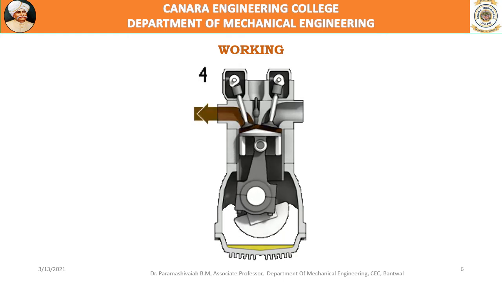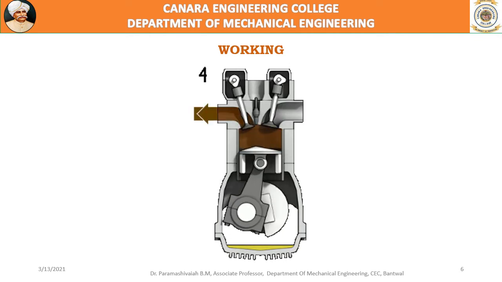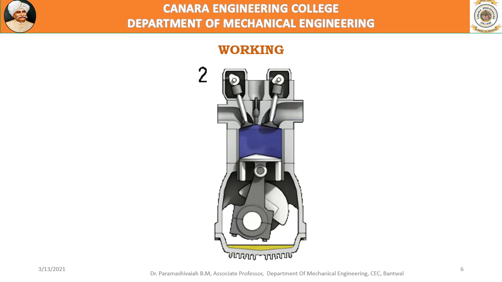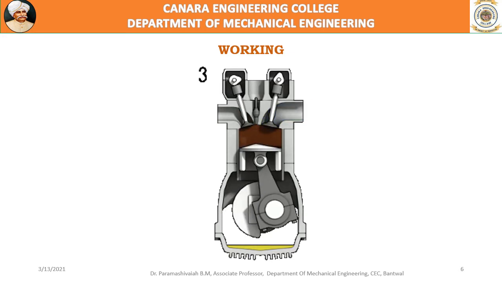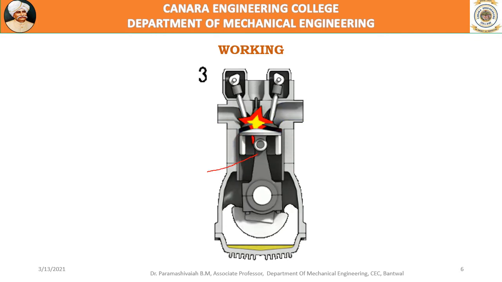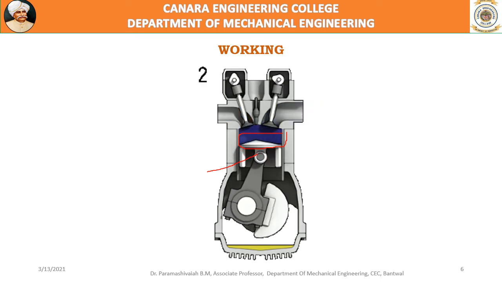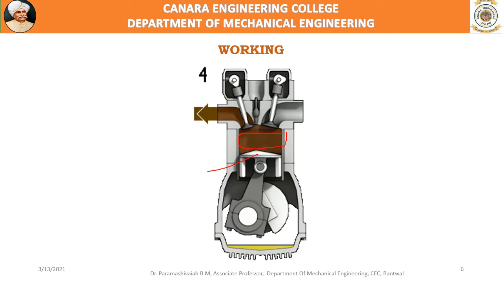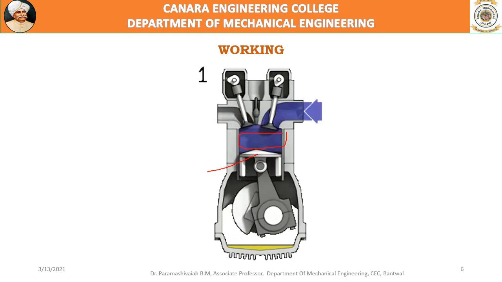So then what is a stroke? Stroke is the reciprocatory motion of the piston. So this is the piston which is reciprocating inside the cylinder. This is the cylinder, and inside it the piston is reciprocating. So what is a stroke? Stroke is one movement of the piston between the two ends of the cylinder.